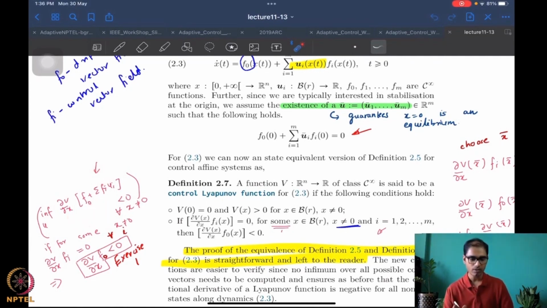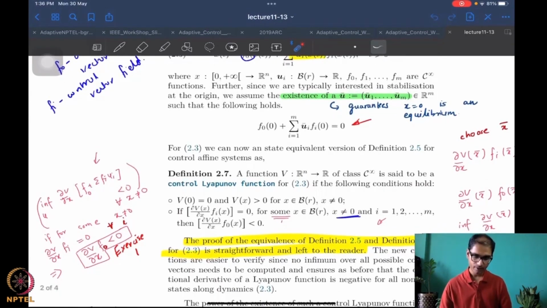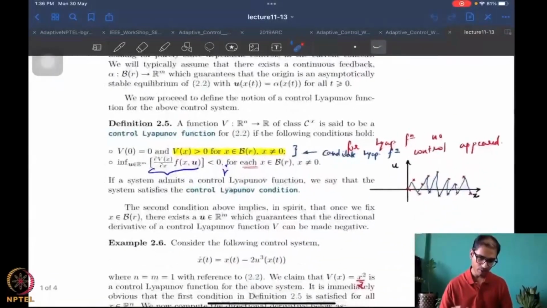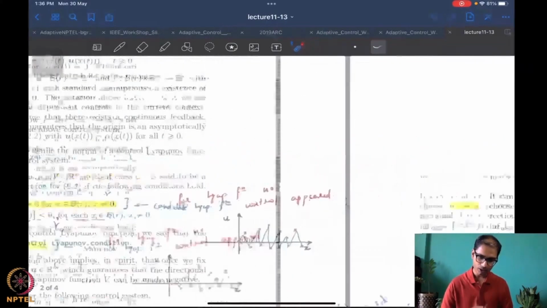This is what it means to be a control Lyapunov function. And we also say, although I did not really talk about the earlier definition, that this is equivalent to definition 2.5, which is the original definition of a control Lyapunov function, which is in this form, but let's not worry about this form.